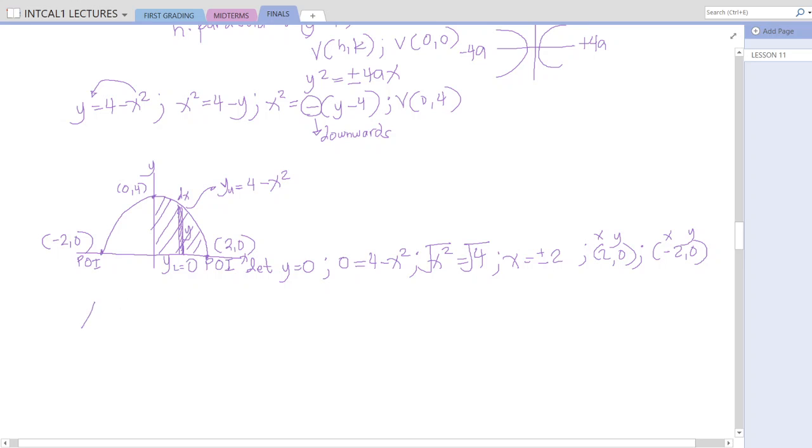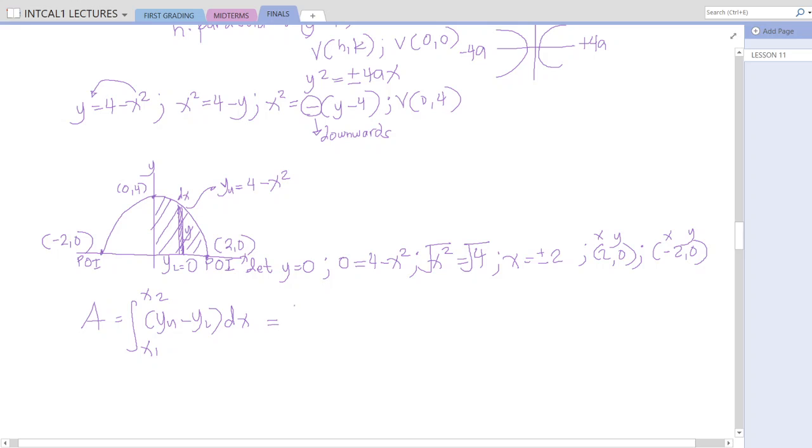Area is equal to the integral of y upper minus y lower, since that is a vertical strip, multiplied by the thickness dx, and since it is in dx, we have to get the limits from x sub 1 to x sub 2.